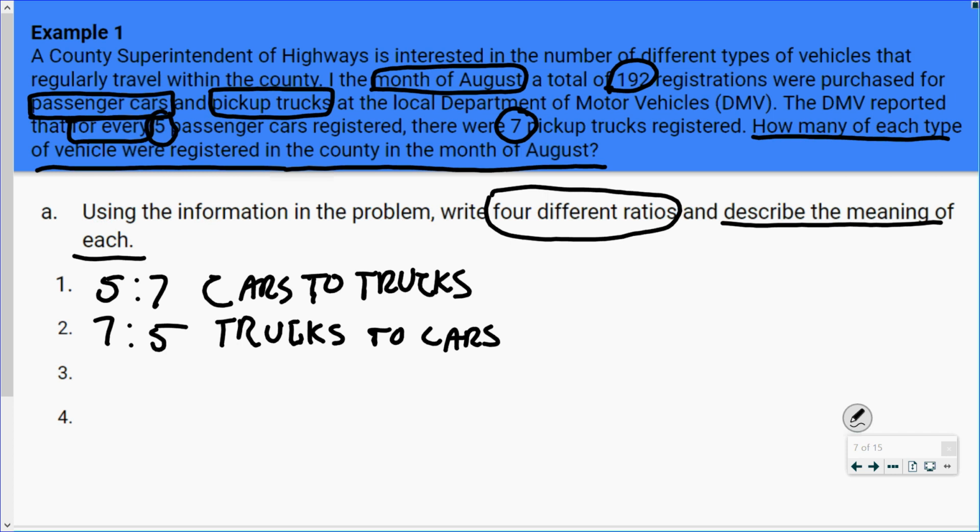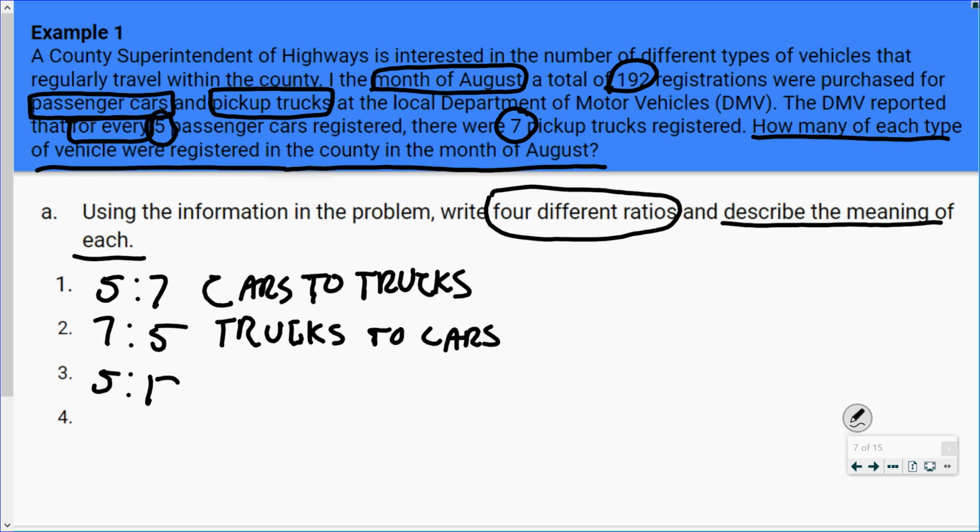Jacob? No. You're getting a little ahead of us. Nathan? 12. So that would be the whole tape diagram, right? So what would be a part to whole ratio? Yes, Danny. 12. There you go.